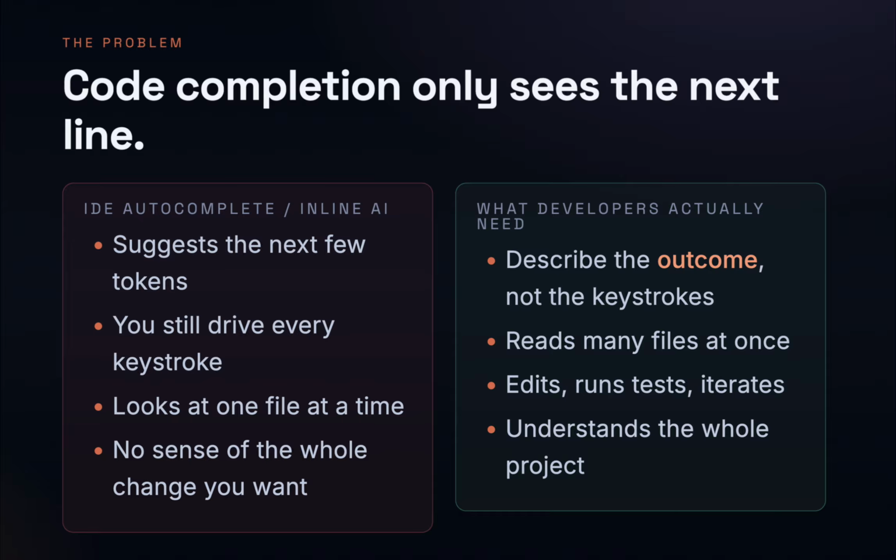What developers really need is something different. A tool where you describe the outcome, not every keystroke. One that reads many files, edits them, runs your tests, and iterates until it's done. An assistant that operates at the level of the intent, not autocomplete. That's the gap Claude Code was built to close.